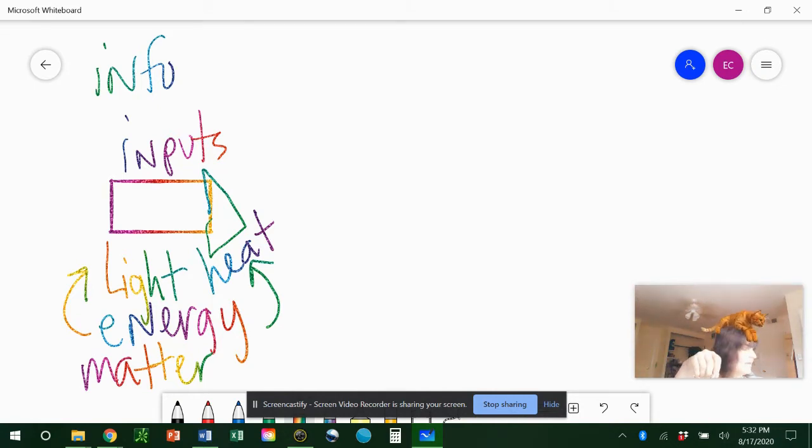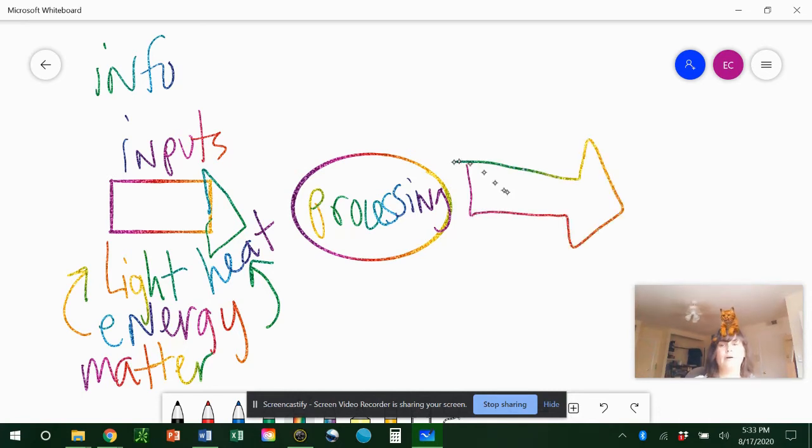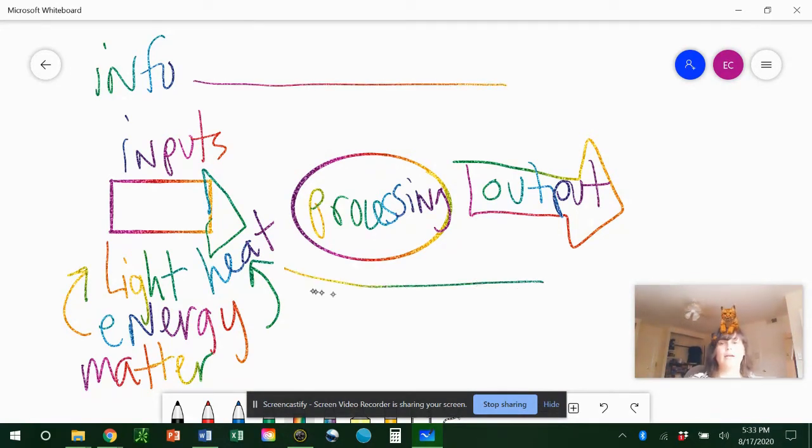And then we have something happening. We could have some processing. Okay. And then we have our output, which can also be our info, our light, and our heat.